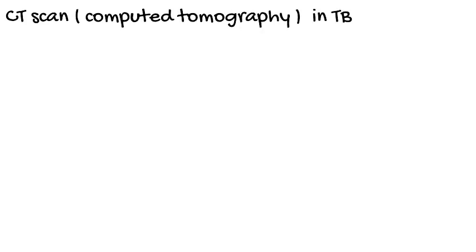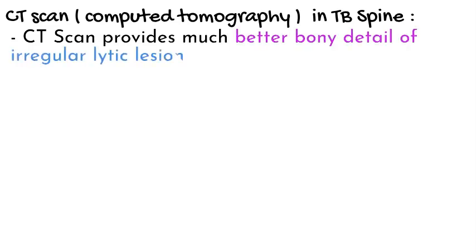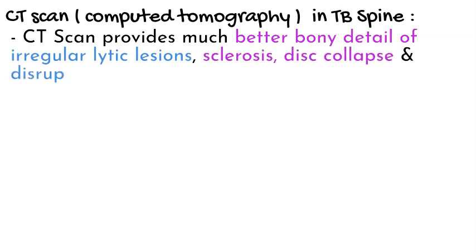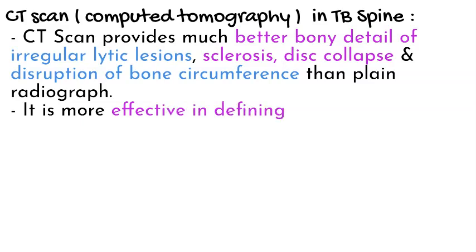CT scan, computed tomography in TB spine. CT scan provides much better bony detail of irregular lytic lesion, sclerosis, disc collapse, and disruption of bone circumference than plain radiograph.